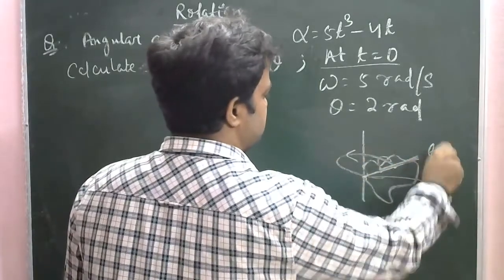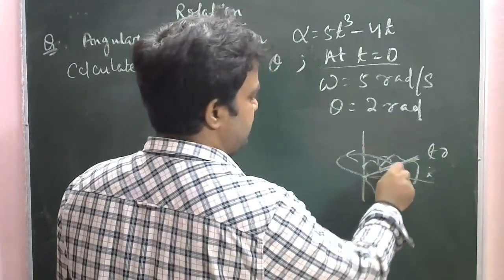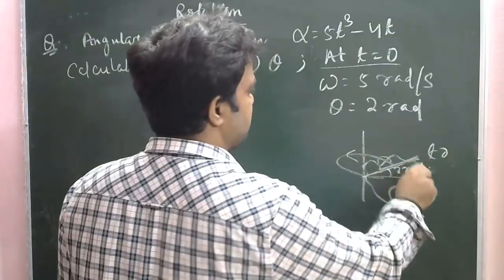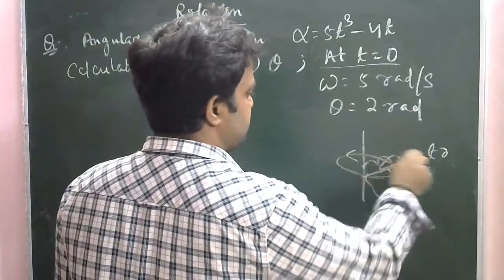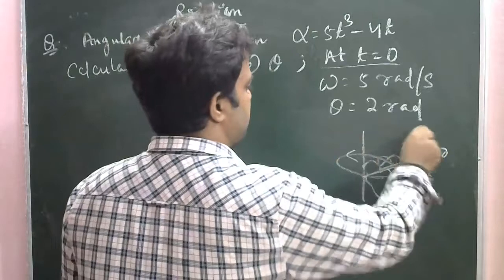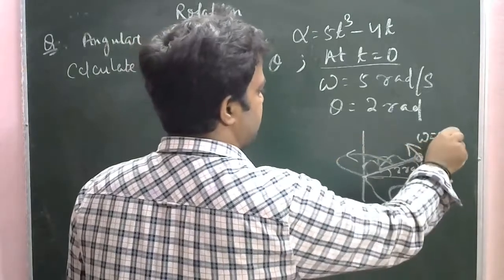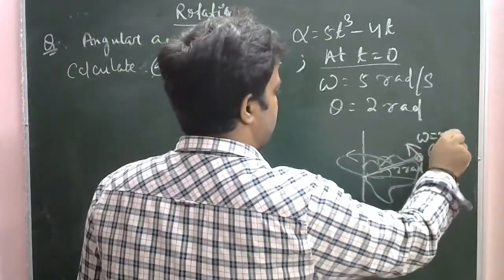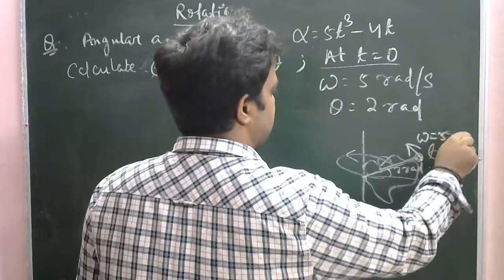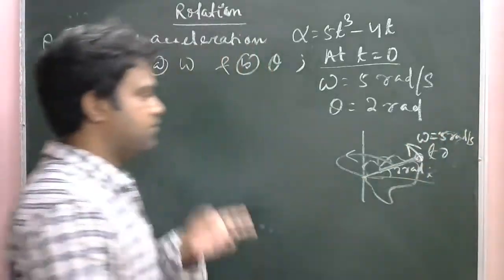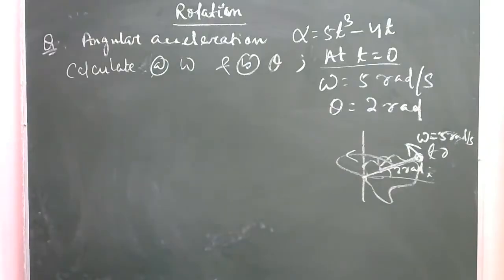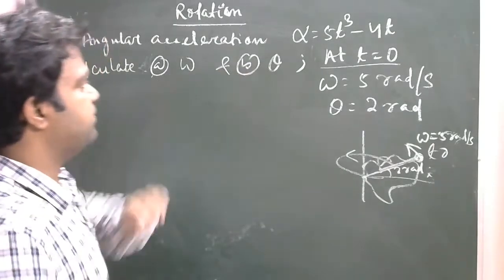So this is t is equal to 0, theta is already 2 radian, and at this point the angular speed of the object is 5 radian per second. The question is calculate omega and theta.